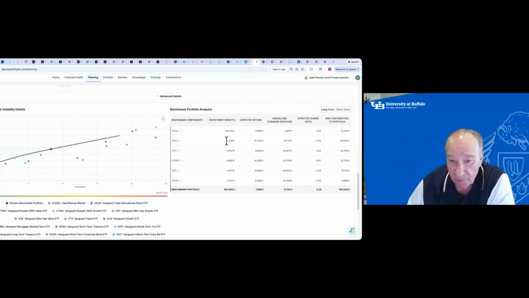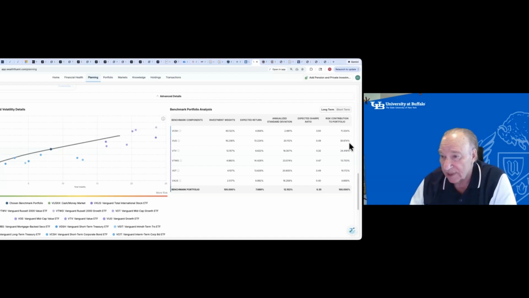We're putting 16% in that. Expected return is way higher, but its risk contribution was also high, and I think it's the highest among these. But because of its correlation with all the other securities in here, it's getting a sizable weight at 16%.